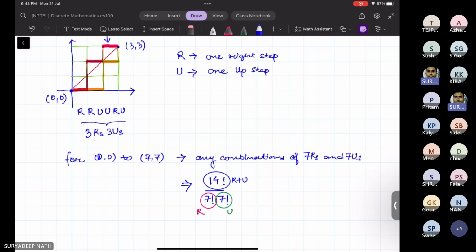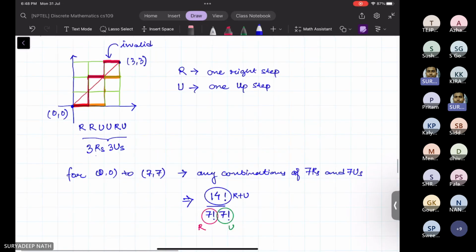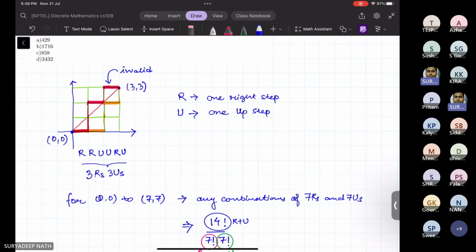So it would basically be 2n. If you see the 3 cross 3 example that we have taken, from 0,0 to 3,3, any path that you take will consist of 3 R's and 3 U's.